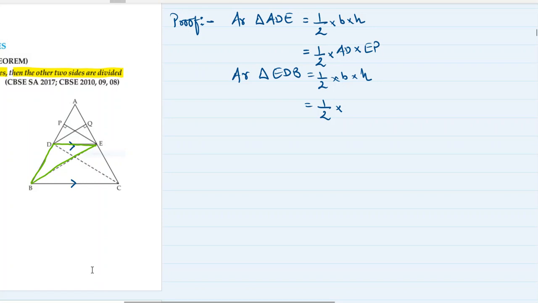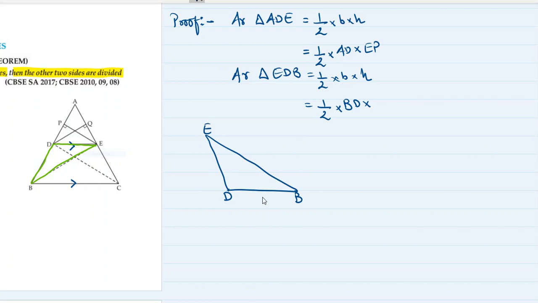Okay, so let's talk about it now. Which is the base I'm talking about? BD. BD is the base I'm talking about. So base will be BD, and on BD, which is the height? Height is the perpendicular. Now, sometimes in some obtuse angle triangles, like you see an obtuse angle triangle like this, where this angle is D, this is E, and this is B, where will be the perpendicular on BD?